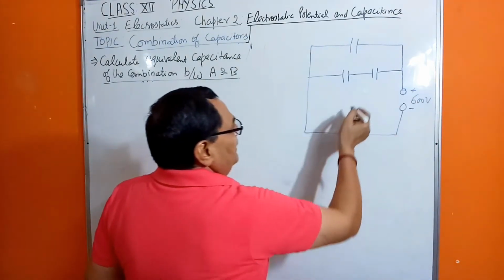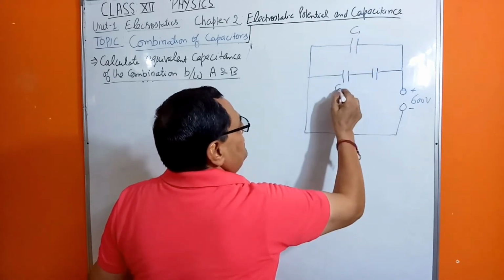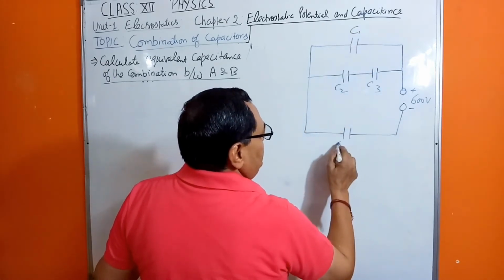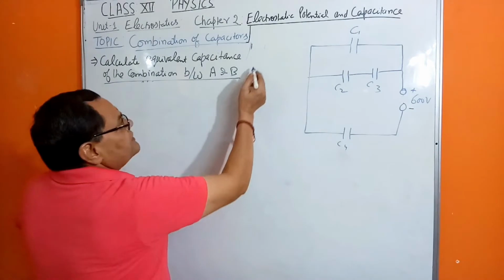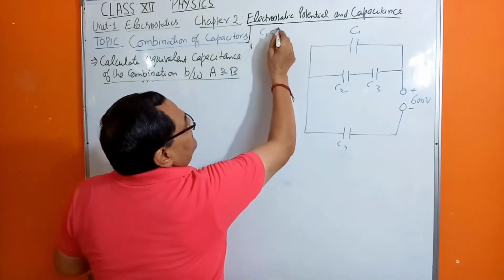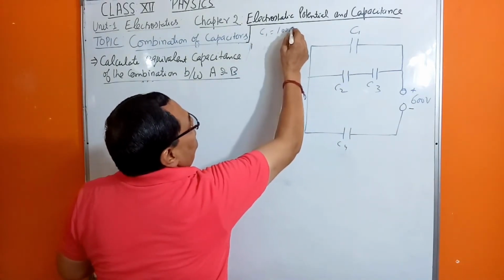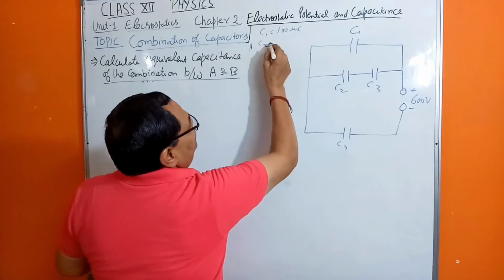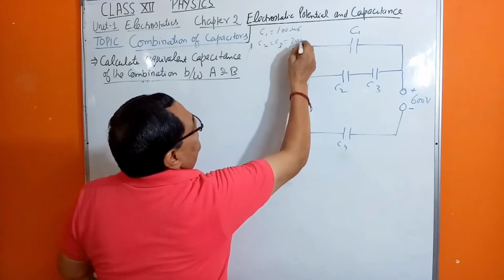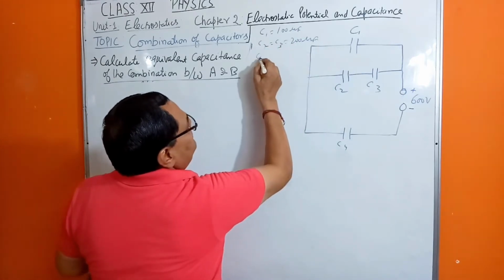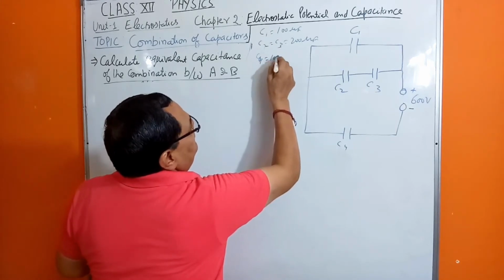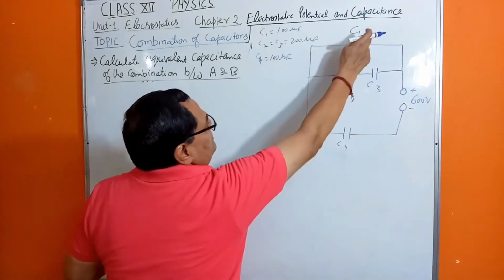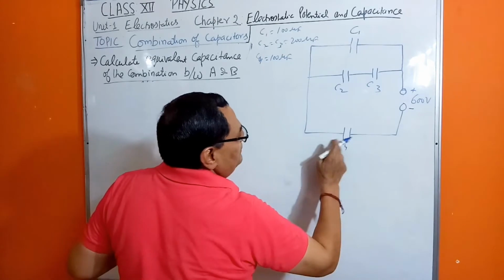Clear? And let's say this is the C1 capacitor, this is C2, this is C3, and this is C4. Let's say C1 is 100 microfarad, C2 as well as C3 are both 200 microfarad, and C4 is again 100 microfarad. So this is 100, these are 200 each, and this is 100.